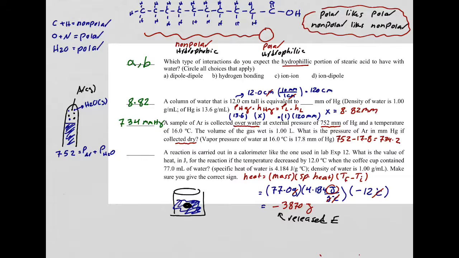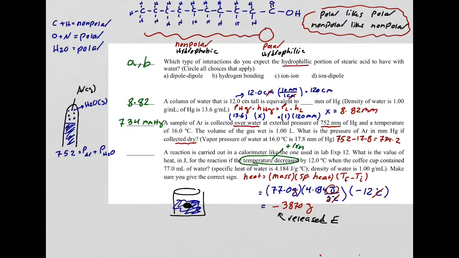So the temperature of water went down. Hopefully you follow that. So every time it says the temperature of the water of the surrounding decreased, that means the reaction itself was an endothermic reaction. Okay, so water released the energy, the reaction got the energy.